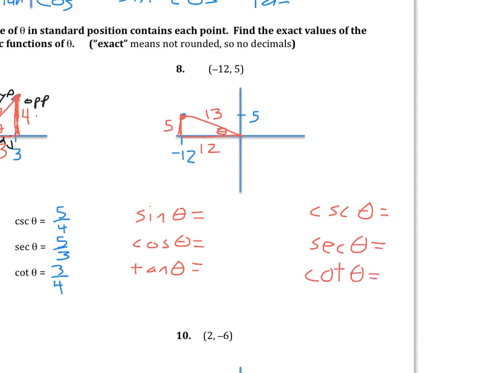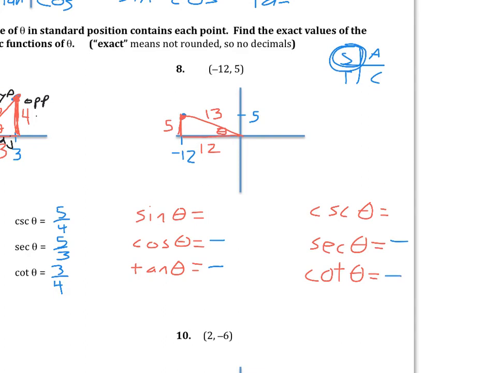So in quadrant 2, remember ASTC, we are in quadrant 2, so sine is positive, which means cosine and tangent are negative. If cosine and tangent are negative, so are their reciprocals.